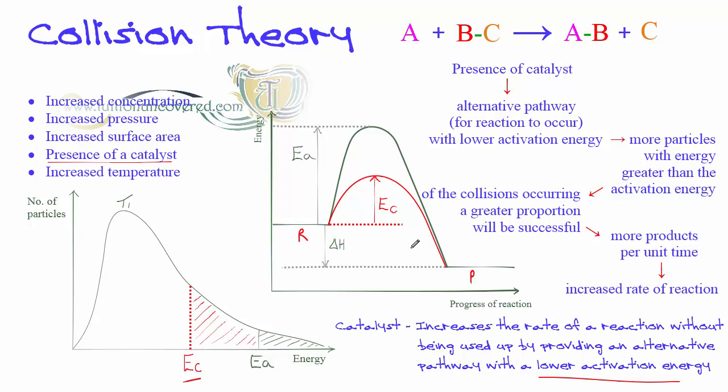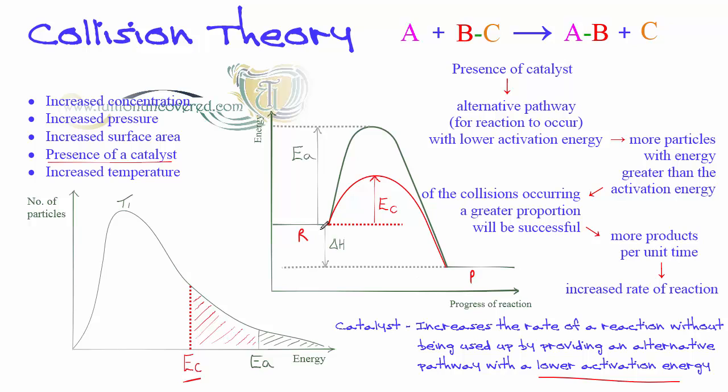The delta H is the same. The only thing changing is the activation energy in the presence of a catalyst. So, in the presence of a catalyst, an alternative pathway for the reaction to occur has a lower activation energy. More particles with energy greater than the activation energy. Therefore, of the collisions occurring, a greater proportion will be successful. More products are produced and therefore increasing the rate of reaction.